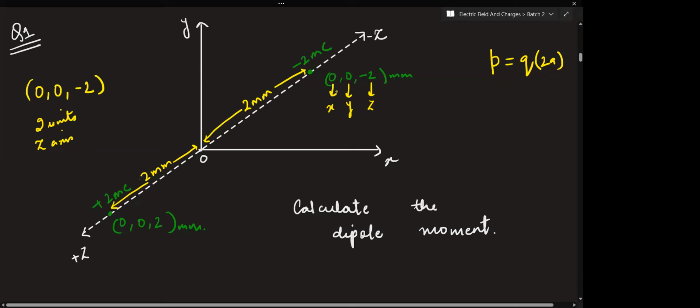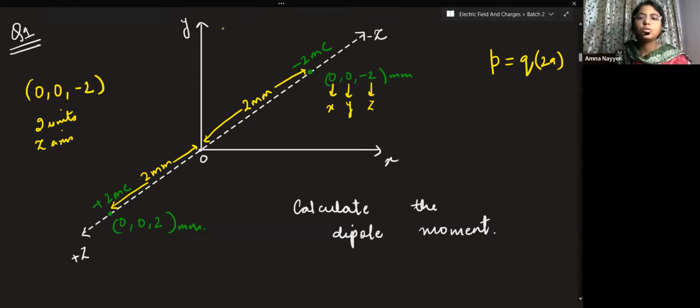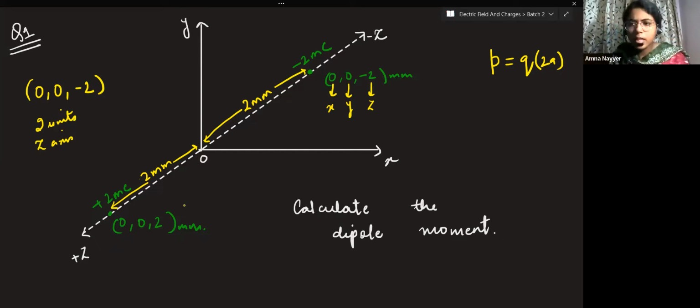You have to take the magnitude, not minus 2. Minus 2 you don't have to take, whether it is for charge or for distance. Just take any of the charges: if you have 2 millicoulomb or minus 2 millicoulomb, take 2 millicoulomb, because you are not concerned with the sign. You just look at the separation between the two charges, because you are not considering displacement.